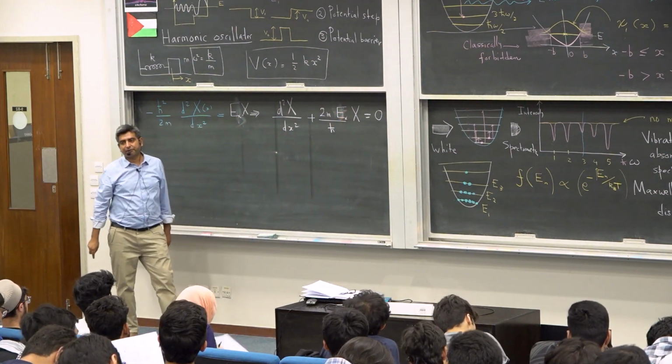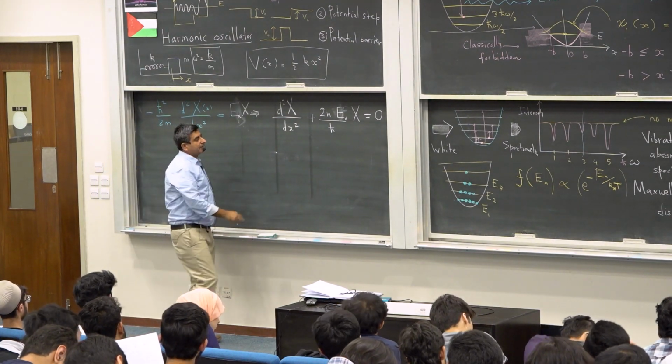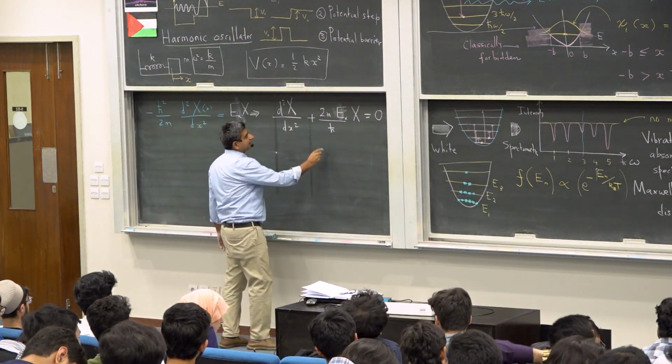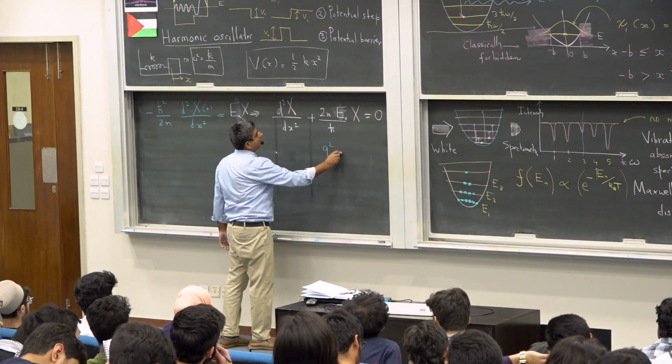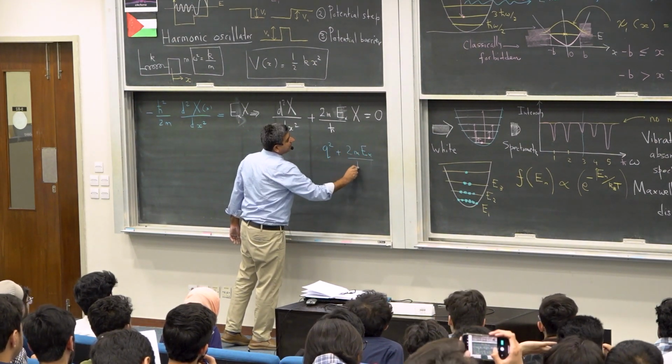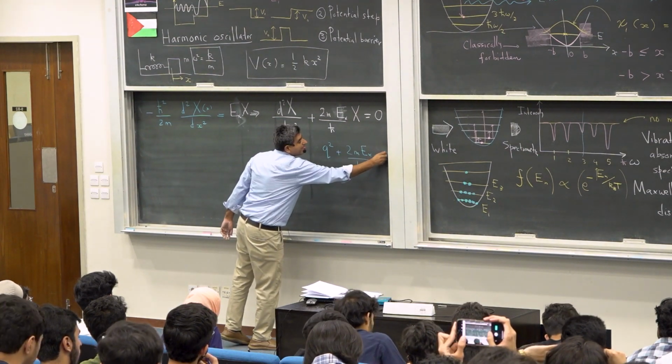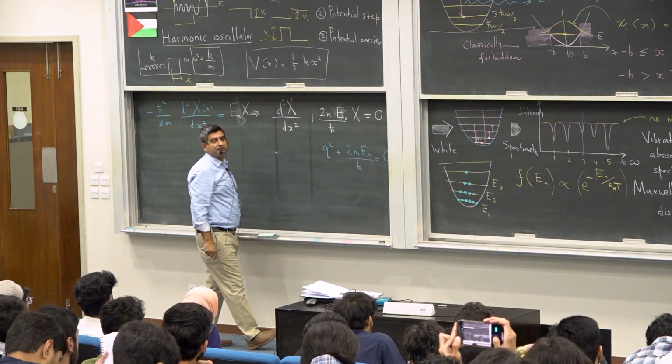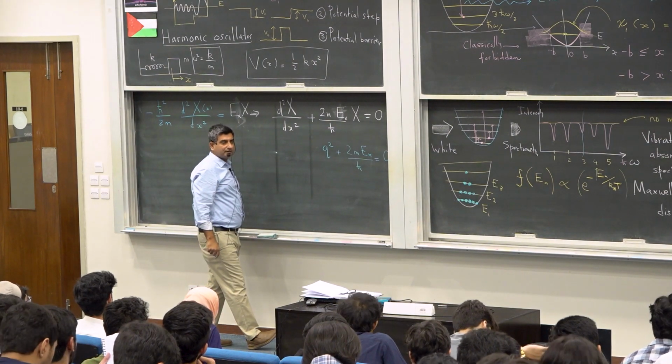What's the solution to this? The auxiliary equation is q square plus 2m Ex over h bar square is 0. Got it?